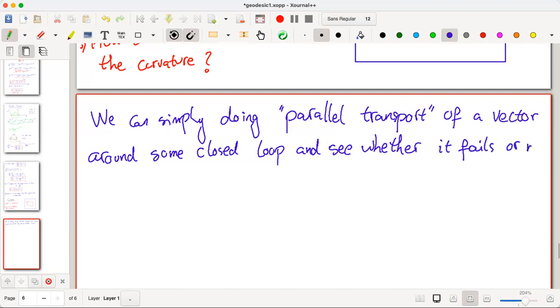If it fails, then your manifold is not flat.